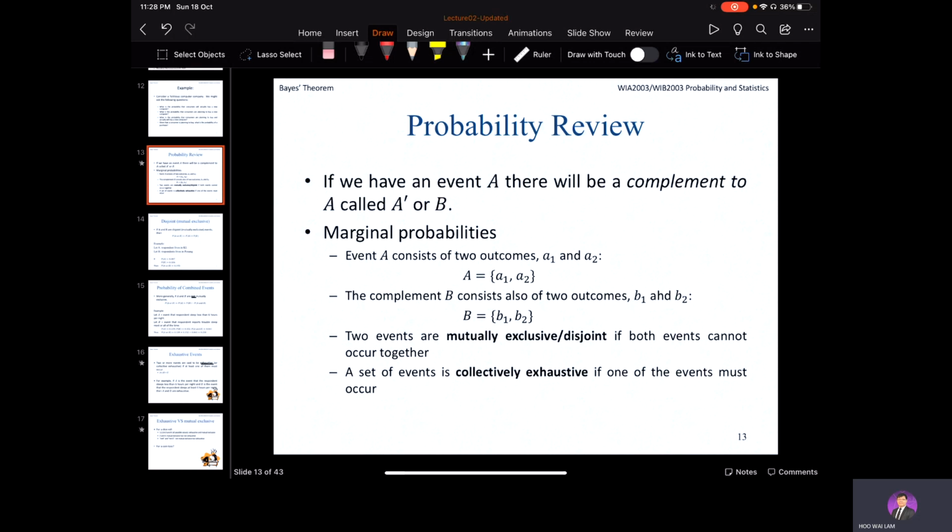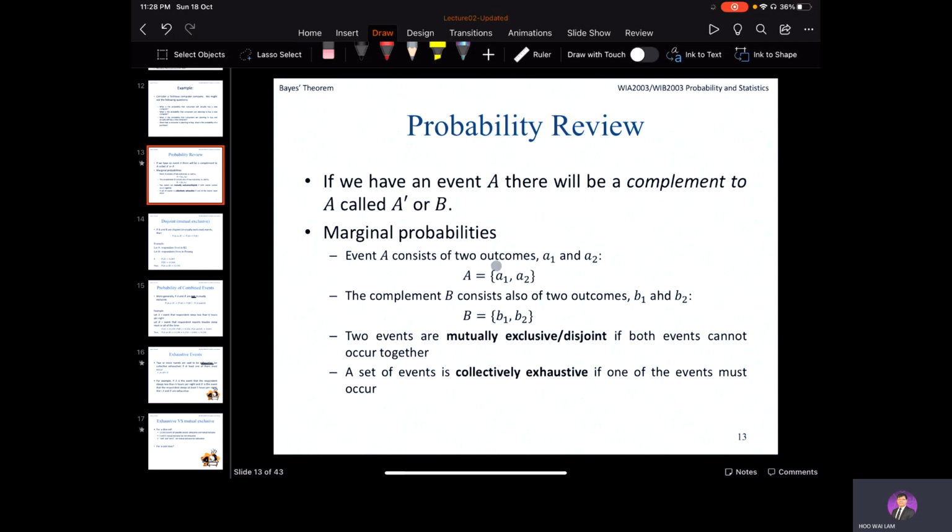When you know that there are a couple of events happening and affecting each other, but you just want to sum up one part of it. Later on, when we take an example, you will have a better idea. But over here, it's telling you that to calculate marginal probabilities, there are some concepts that you need to be very sure of.